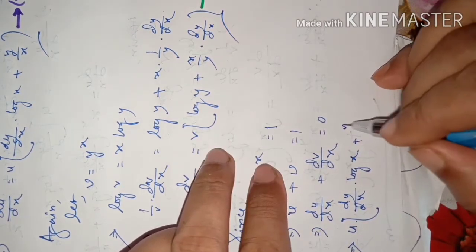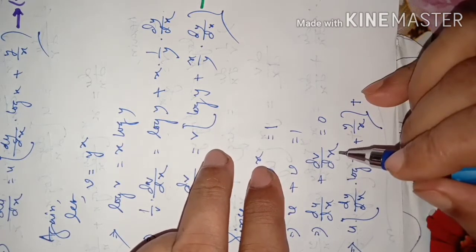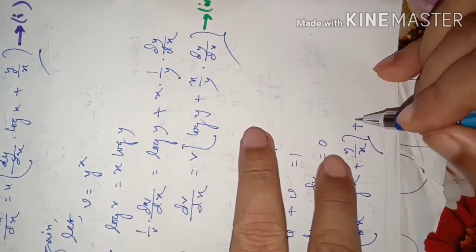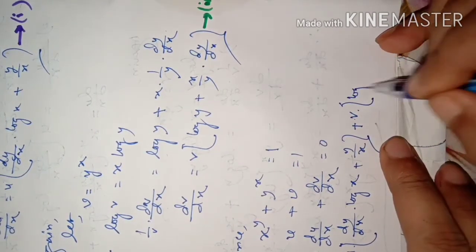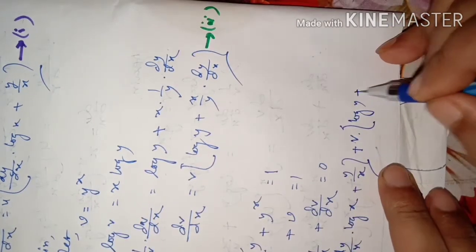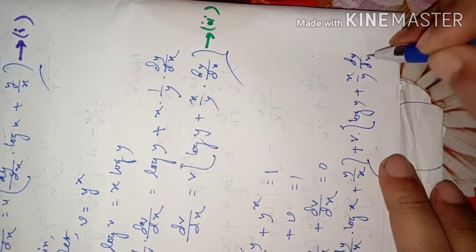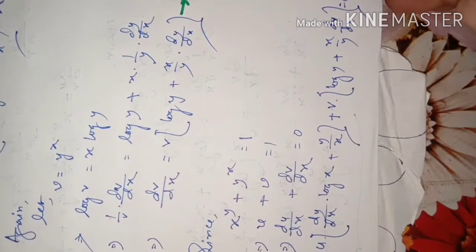Plus dv by dx. The next part is dv by dx, this one: v into log y plus x by y dy by dx is equal to 0. So this is the whole equation.